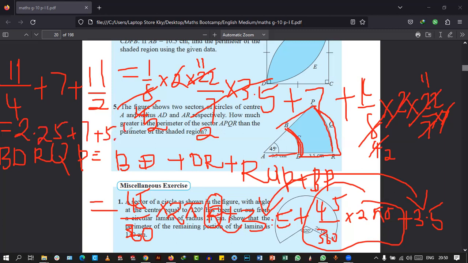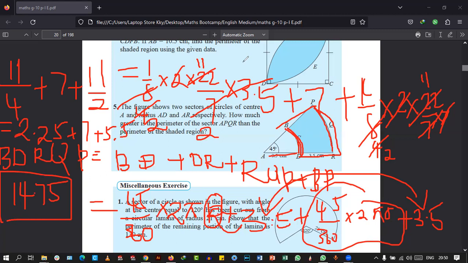So we can add them together: 5.5 plus 2.25 will be 7.75, plus 7. So then it will be 14.75. Right? So 14.75 is the answer for this one.